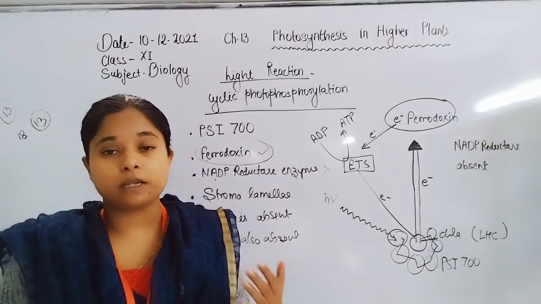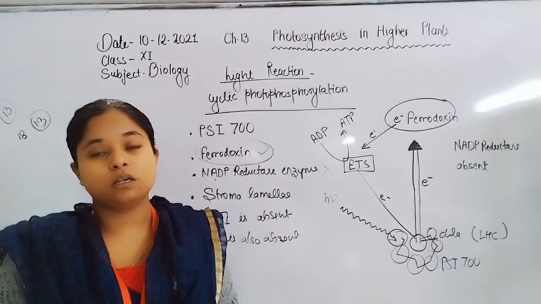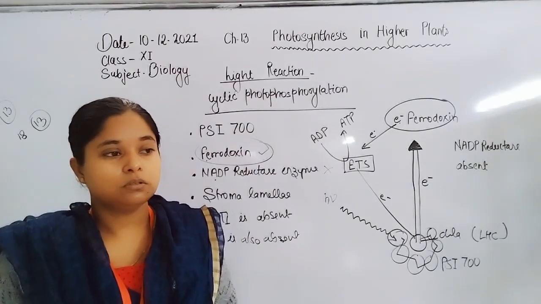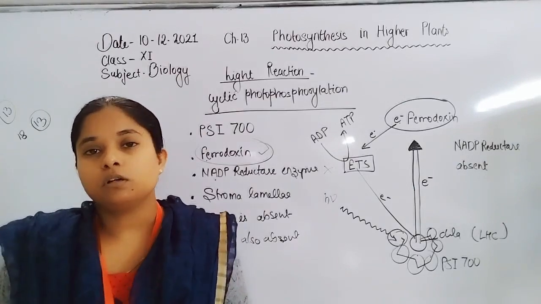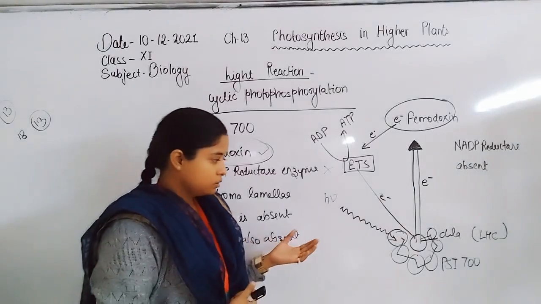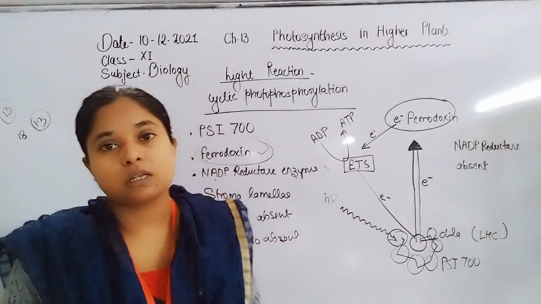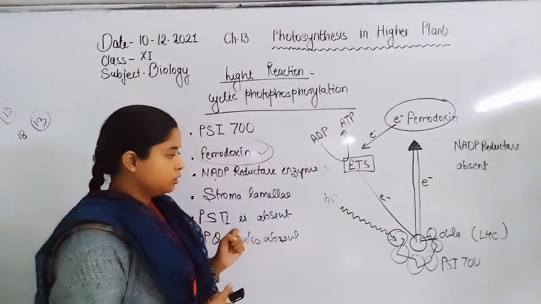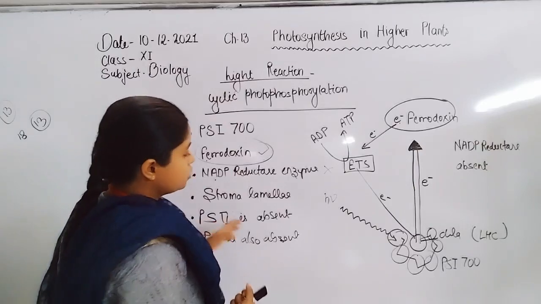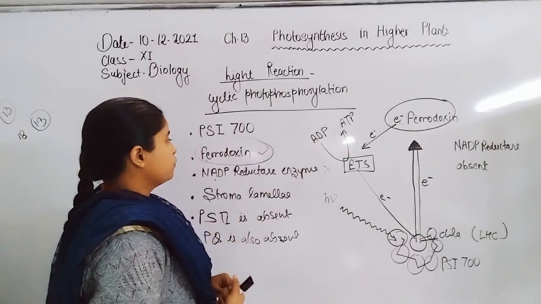If only cyclic photophosphorylation takes place in a living organism, it will not release the oxygen molecule during the light reaction of photosynthesis. So students, that is overall about cyclic photophosphorylation.